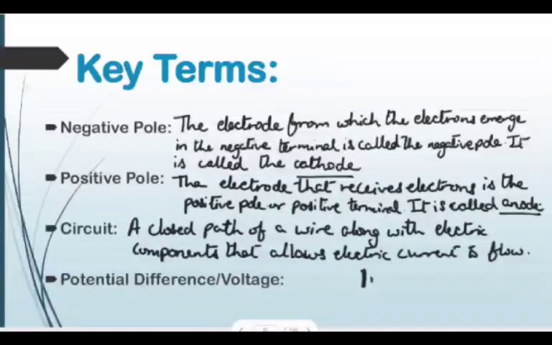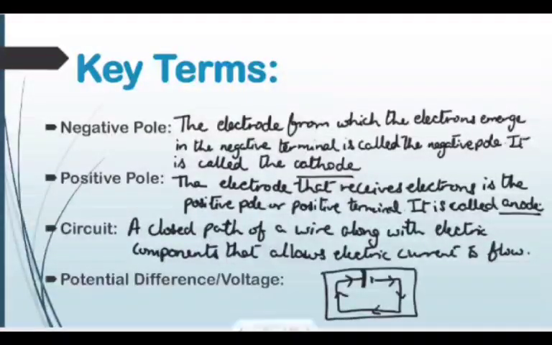So positive terminal, negative terminal. When there is a complete loop or a complete circle or a complete pathway formed, this whole thing is called a circuit.